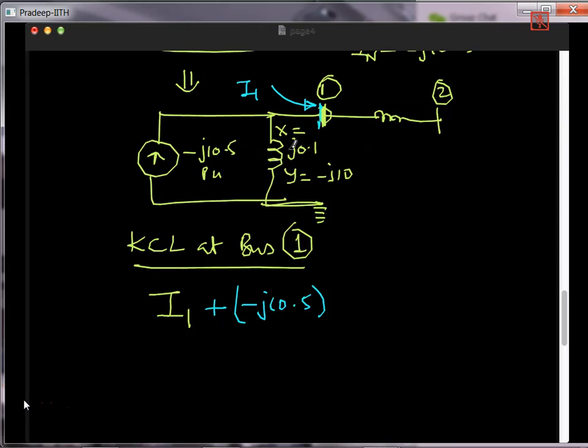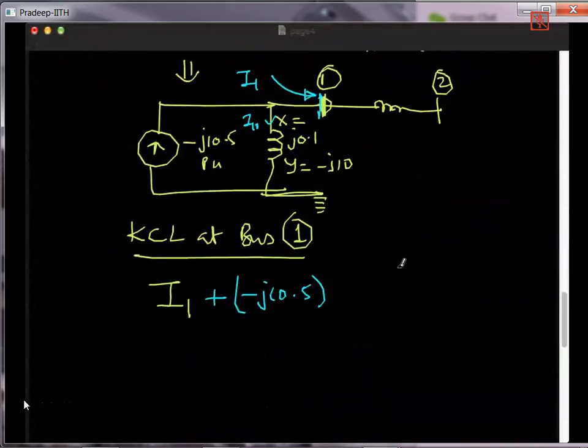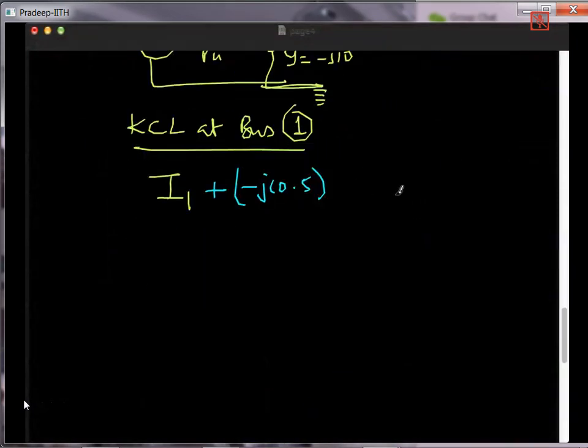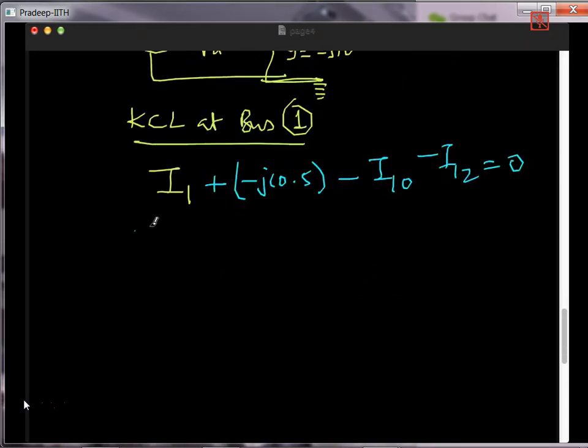And then this one, if you say I10, then it will be like this. So effectively what happens is this will get added to the Y bus. Minus I10, so this is I10 and this one will be I12, minus I12 equal to 0. So I10 is nothing but I1 minus J10.5.